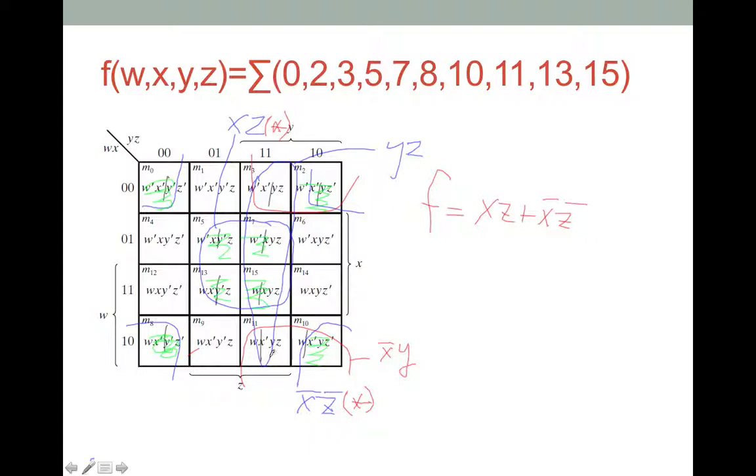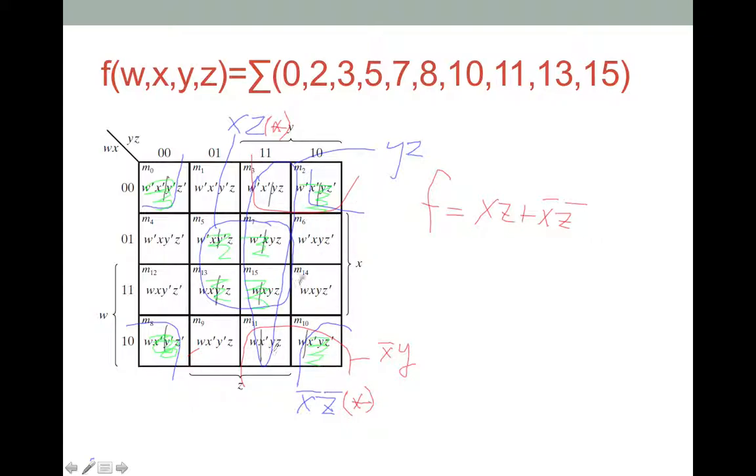At the same time, use a minimal number of prime implicants. So to cover the remaining two, we can use this non-essential prime implicant, or at the same time the one marked as red.